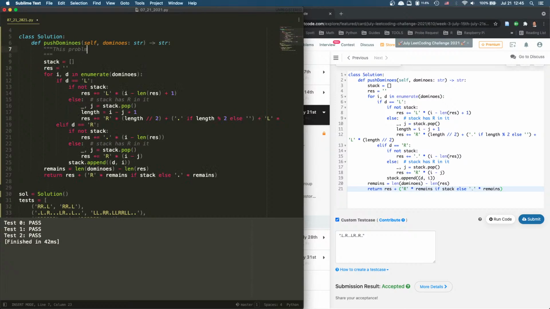This problem reminds us of matching parentheses.